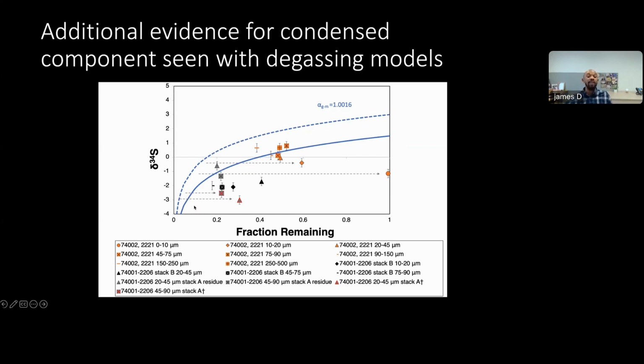And so what's very clear here is that we have two components. One component of sulfur that is trapped within the interior of, say, these glass beads and a vapor component that's condensed on the outside.